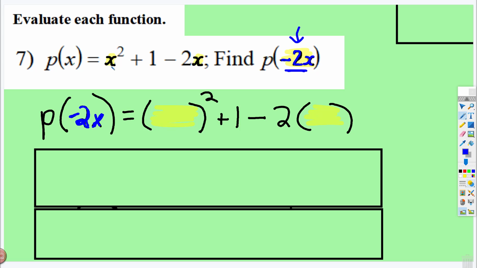And then what I did is I took everywhere there's a variable, I put parentheses. So this says x squared, so parentheses squared plus 1, subtract 2x, so subtract 2, parentheses. And now inside the parentheses, I go ahead and write negative 2x.